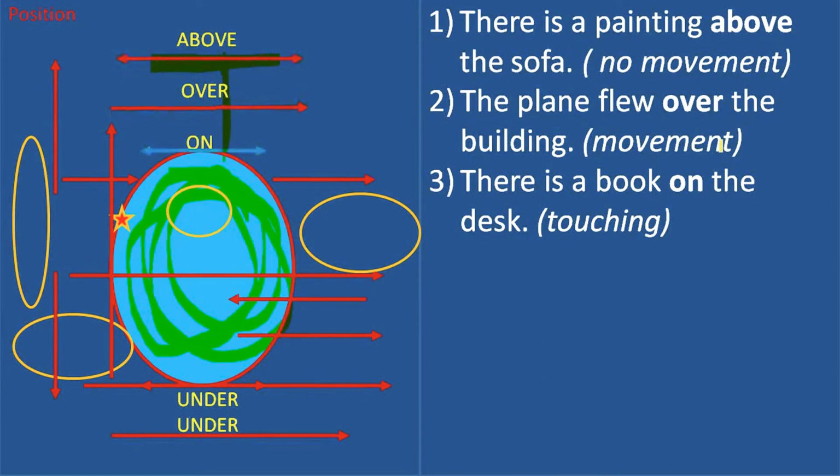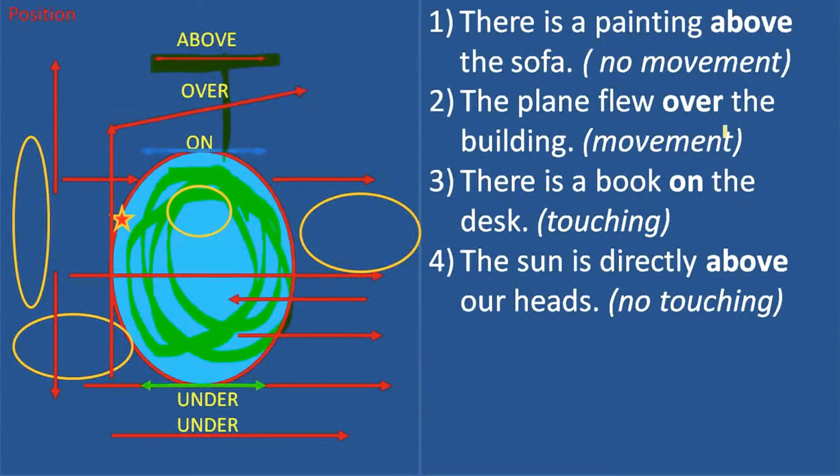And if something stays on something by touching, that time we will use on. For example, there is a book on the desk. If you think about book and desk, you must be able to imagine that they are staying by touching. So we will use on.